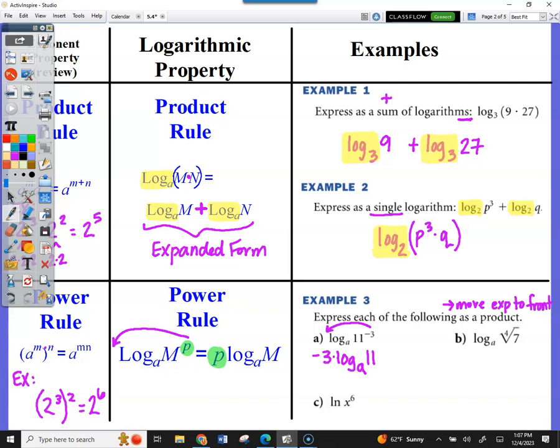Now, if you look at B, you might be thinking, well, there is no exponent. But there actually is. They just don't have it in exponent form. What's the exponent here? 7 underneath a 4th root power can be rewritten as 7 to the 1/4 power.